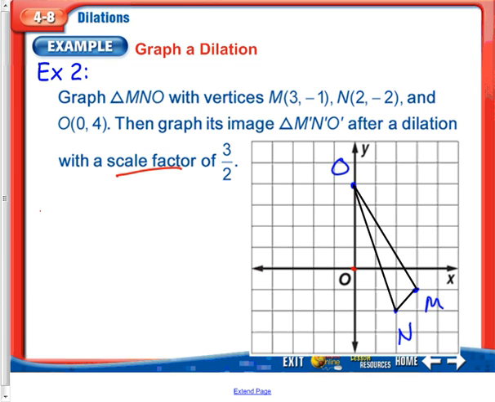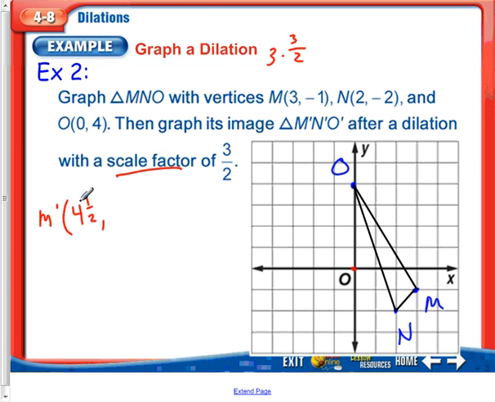So first of all, when we think about M prime, I'm using the points 3 and -1, so I'm going to take 3 times 3/2. Well, when I take 3 times 3/2, what I get is 3 times 3 is 9, and 9 divided by 2 is 4.5, so I'm going to write 4 1/2.